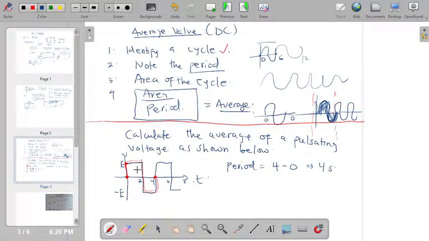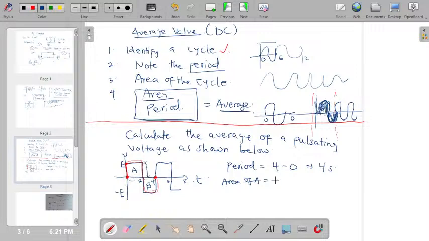If I want to find the area, the simplest way you can do that is by labeling your cycle. I'll label this as my A, I'll label this as my B, right? Then I find the area of A. It's a square, with the distance from here to here being E, and the distance from here to here being 2, right?